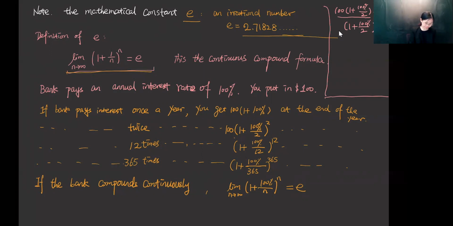So that's how much money you will have when the bank pays the interest twice a year and lets you compound the interest. If the bank pays you interest 12 times a year, that's quite common, like monthly, then what you're going to get is 100 times 1 plus 100% divided by 12 to the power 12. 100% divided by 12 is the monthly interest rate, and raised to the power 12 is because you're keeping the money in the bank for 12 months.